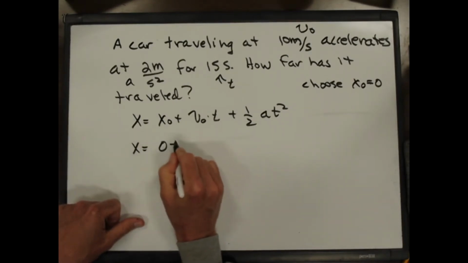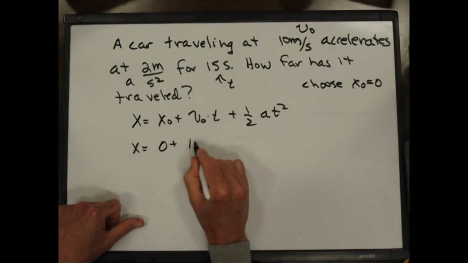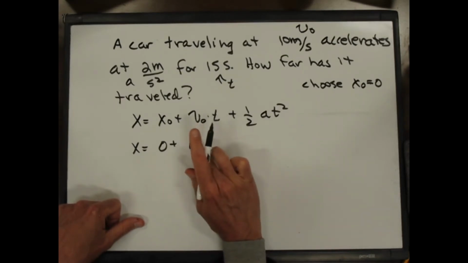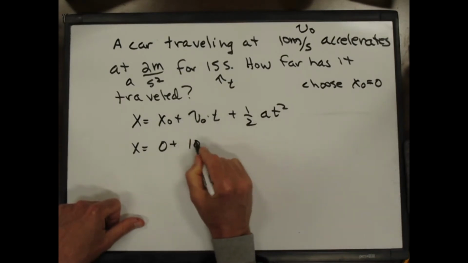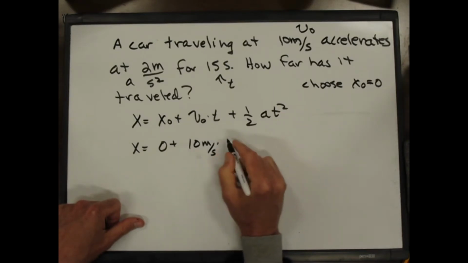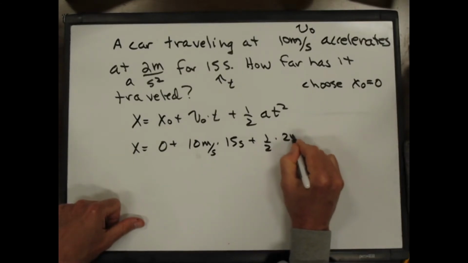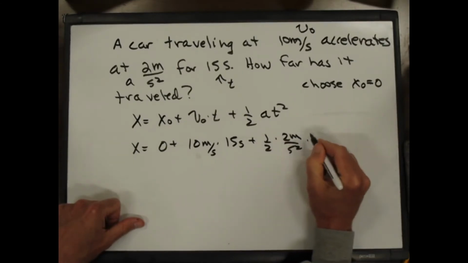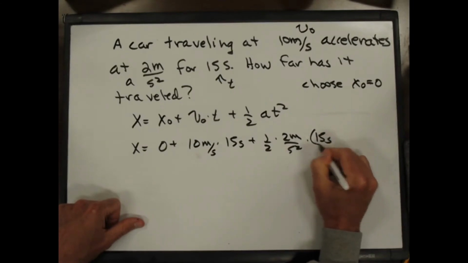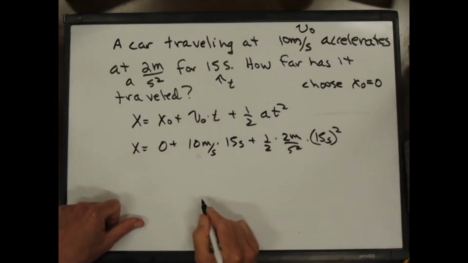I'll say it's 0 plus, this is 10 meters per second times 15 seconds plus 1/2 times 2 meters per second squared times 15 seconds squared.